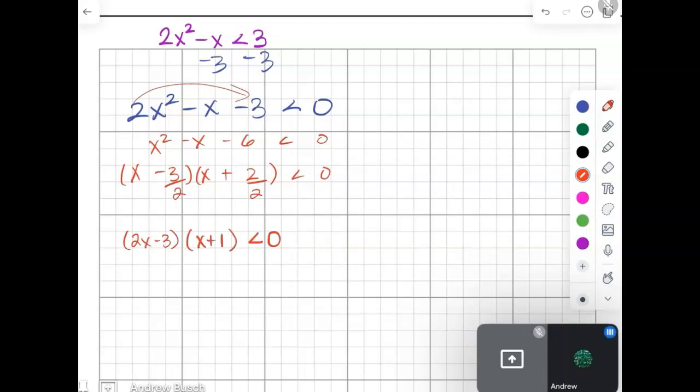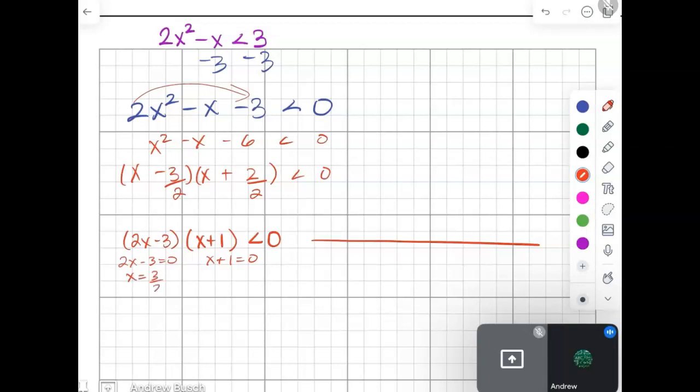And then what we need to do is think about a number line and figure out what is going to work in each interval. So what we see here is that we're looking at these two factors being less than 0. So if you set them equal to 0, you're going to add 3 and divide by 2.